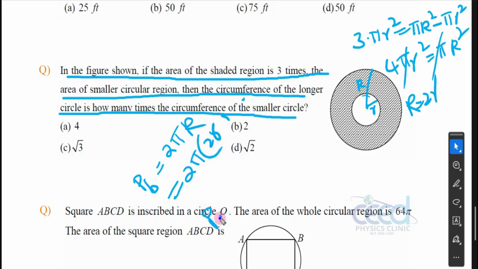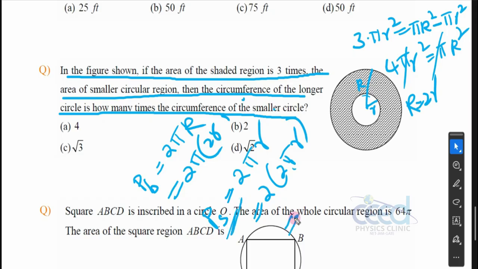Now the perimeter of the smaller circle is 2 pi r, so the bigger circle perimeter is 2 times 2 pi r, right.